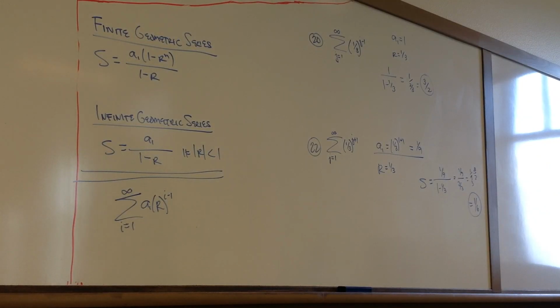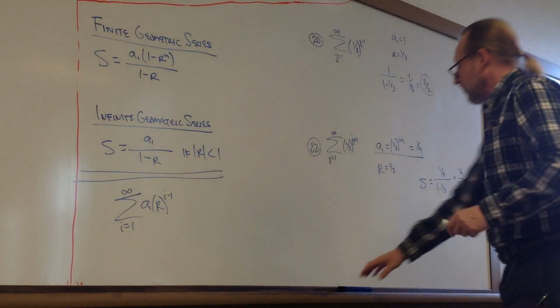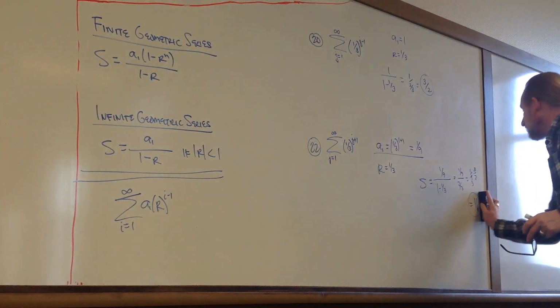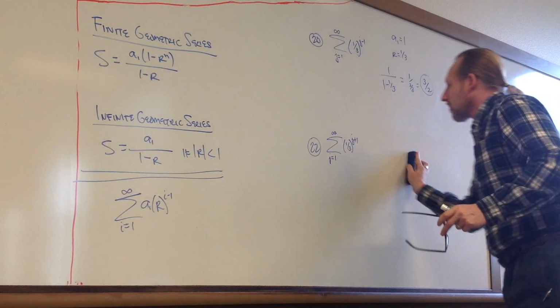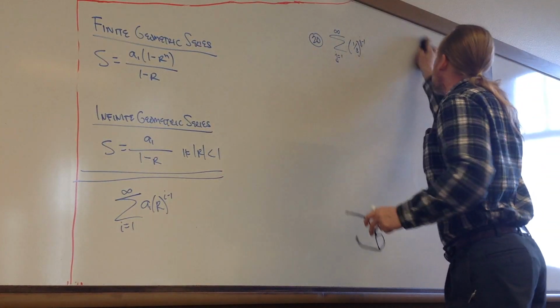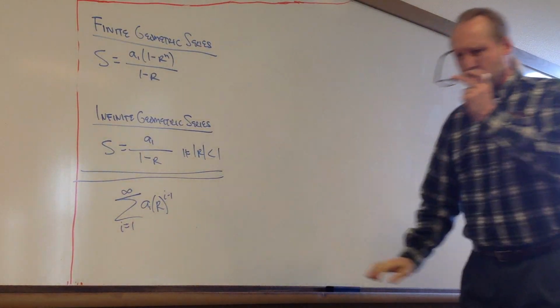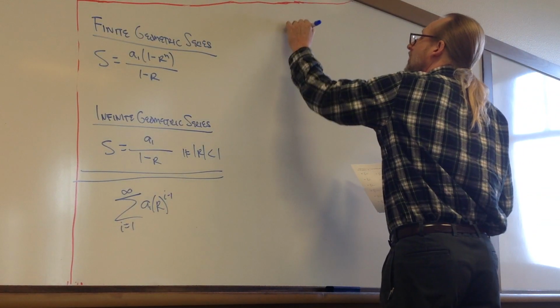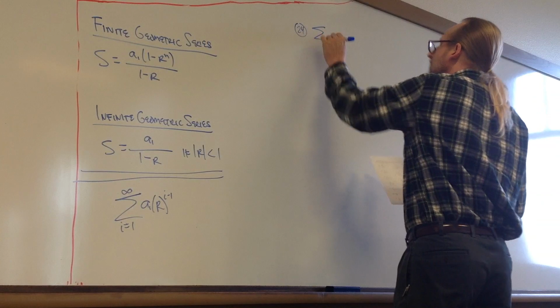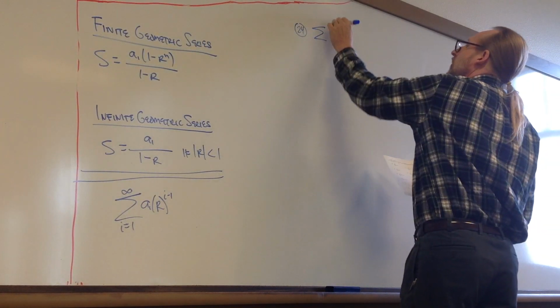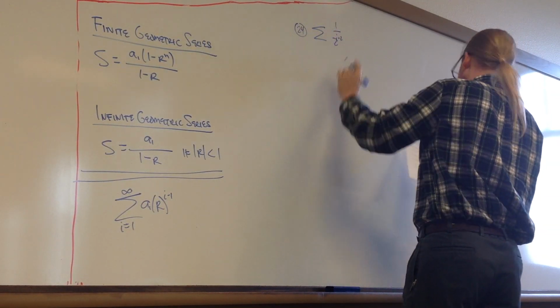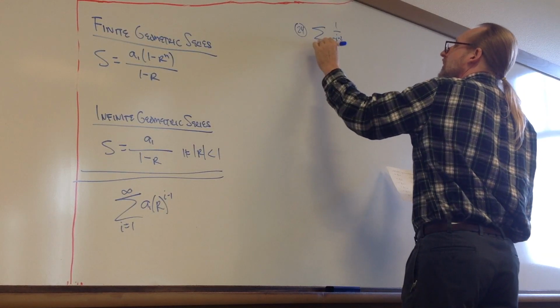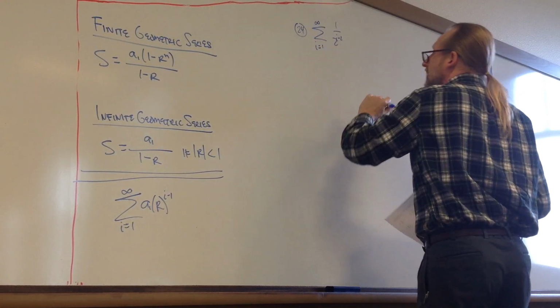Okay. Let's look at a couple more. All right. Problem 24. Also not in standard form. 1 over 2 to the i minus 2, i runs from 1 to infinity.